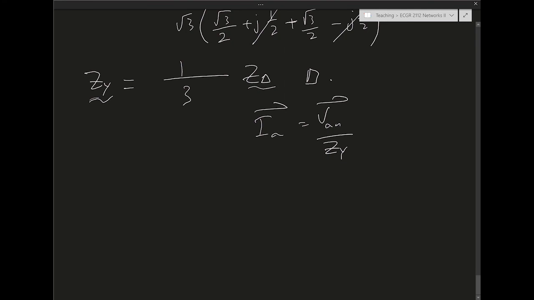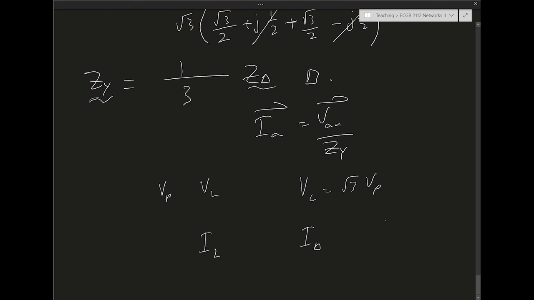Okay, so can we relate in the same way we related the phase voltage to the line voltage? Remember, the line voltage was square root of 3 times the phase voltage. What is the relationship between the line current and the delta current?